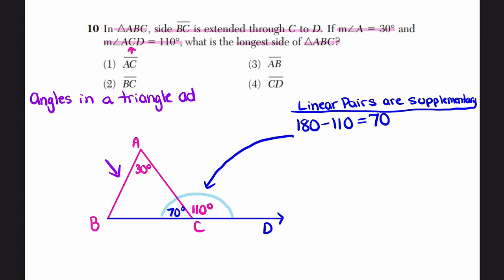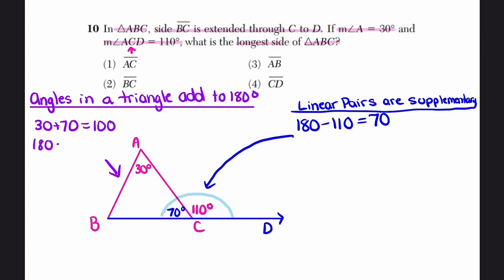And those are those interior angles. So now we know that those three angles, the one that I don't have and the 70 and the 30, all have to add to 180. So 30 plus 70 is how much? That's 100. So if I take that away from 180, I know that I have 80 degrees left in that triangle. So now I know that this is 80 degrees.